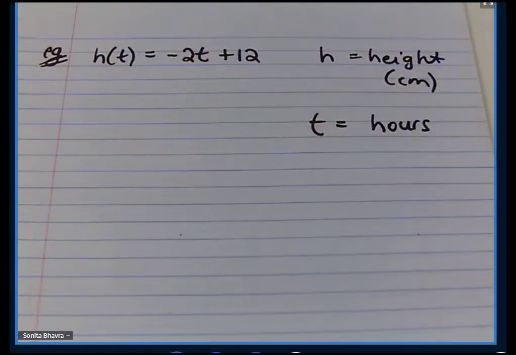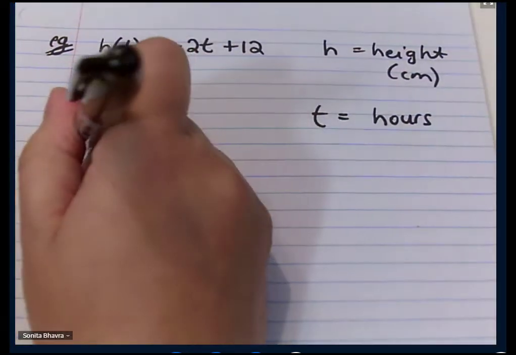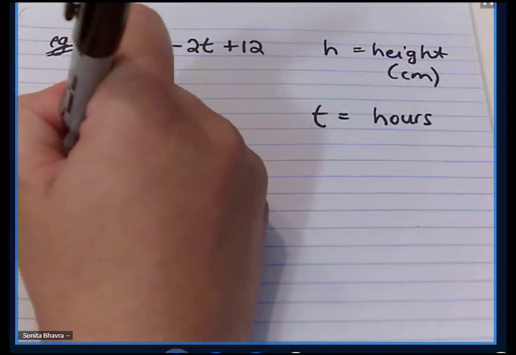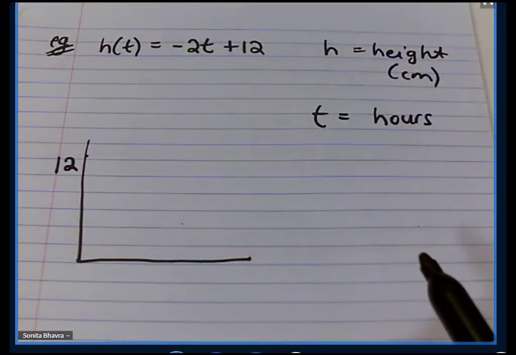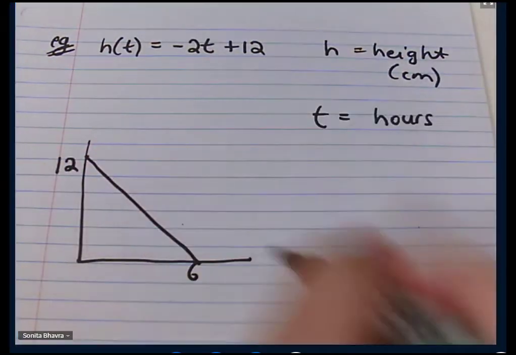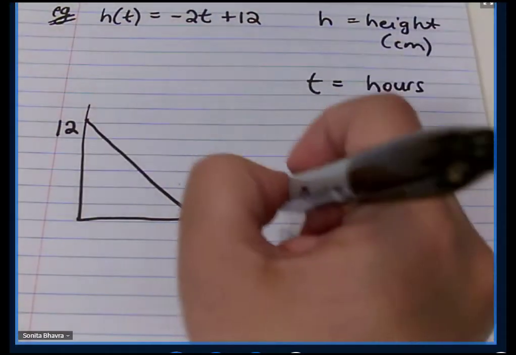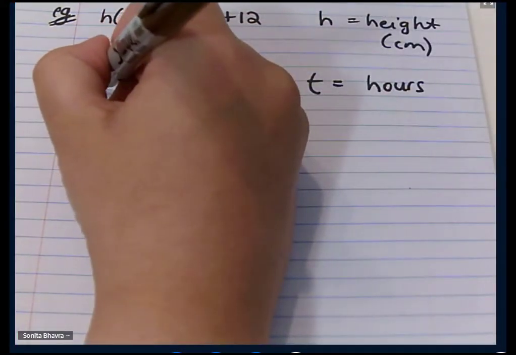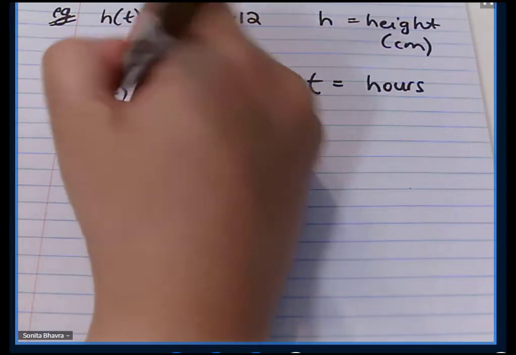All right, so I'm just going to do a sketch of this graph. All right, so my y-intercept is going through at 12, and the x is going through at 6. So it looks like this. And this is our t, and this is h of t.